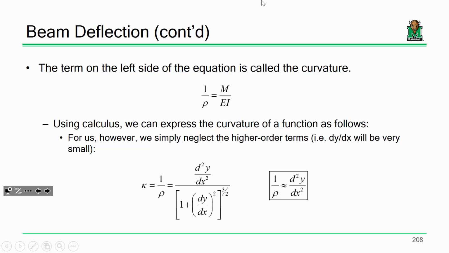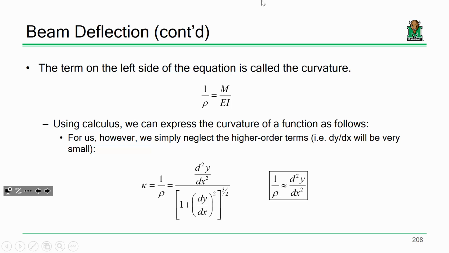So think about this. If I have deflection values that are really, really small, we're talking about slopes that are really, really small. This dy/dx is the slope. If I take a really small number and square it, I get an even smaller number. So I propose that inside this bracket, 1 plus this first derivative squared, the squared term pretty much tends to 0.